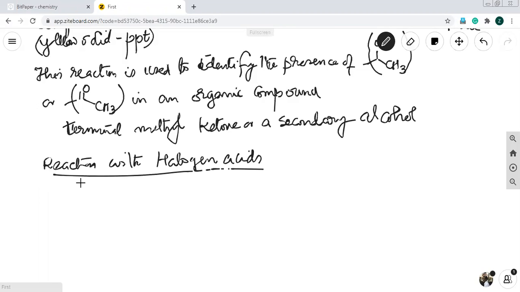Say for example, if you are taking ROH and reacting with HCl in presence of zinc chloride, you will get RX plus H2O.